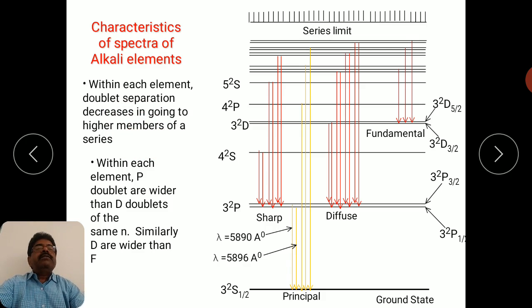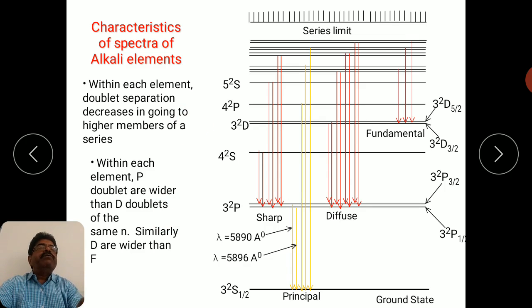And the last characteristic here: within each element, P doublets are wider than D doublets of the same N. Similarly, D are wider than F. You can see here, for the same N, 3P and 3D. 3P is wider. You can see the line separations for 3P are shown more as compared to 3D here.